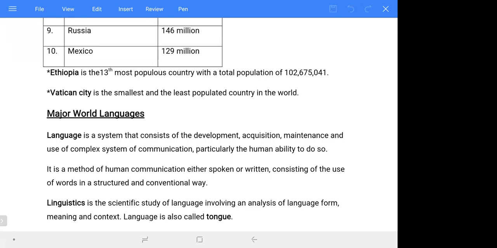Then Volga River is also in Russia. The longest river in Europe is Volga. Many wars were held in Volga. There is also a place named Volgograd.